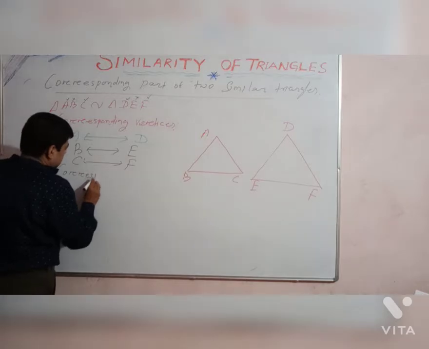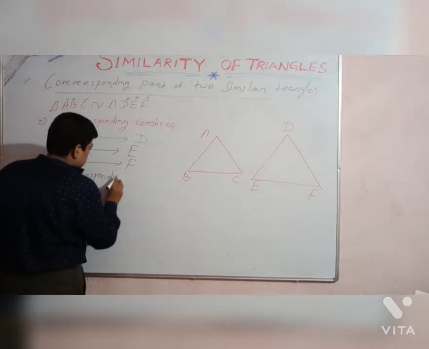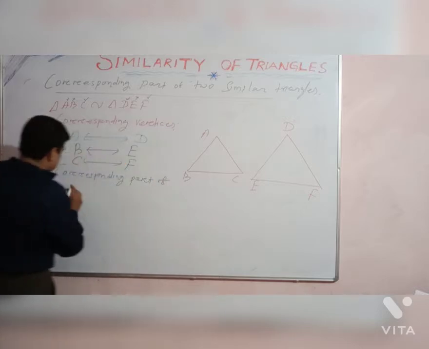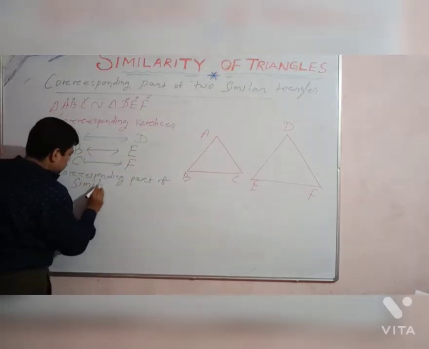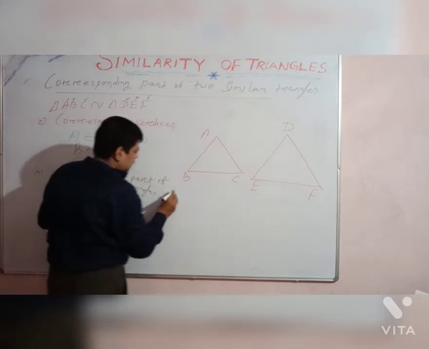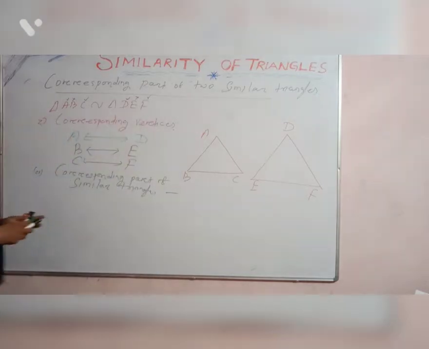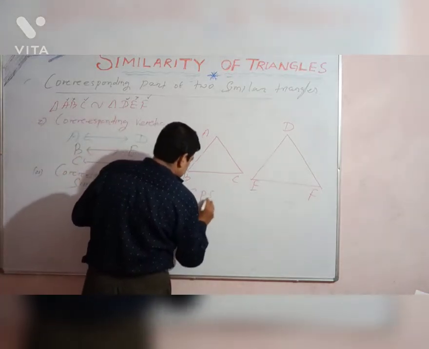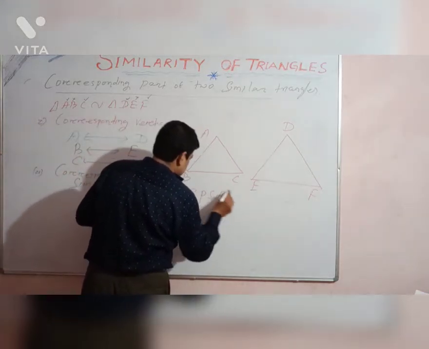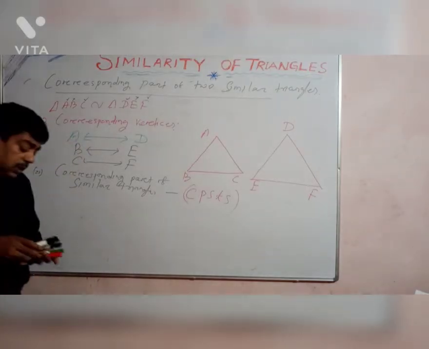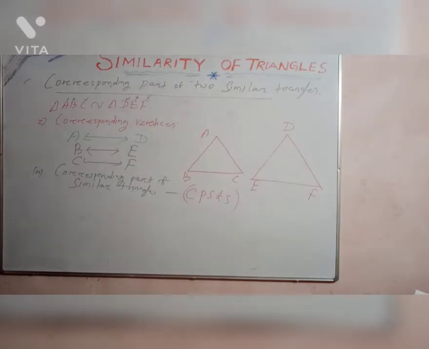We say CPST: corresponding parts of similar triangles. You know the corresponding parts of congruent triangles; here we have to study the corresponding parts of similar triangles.